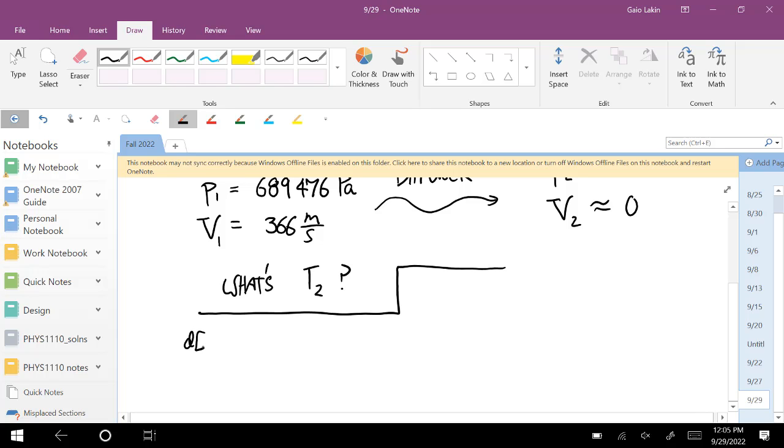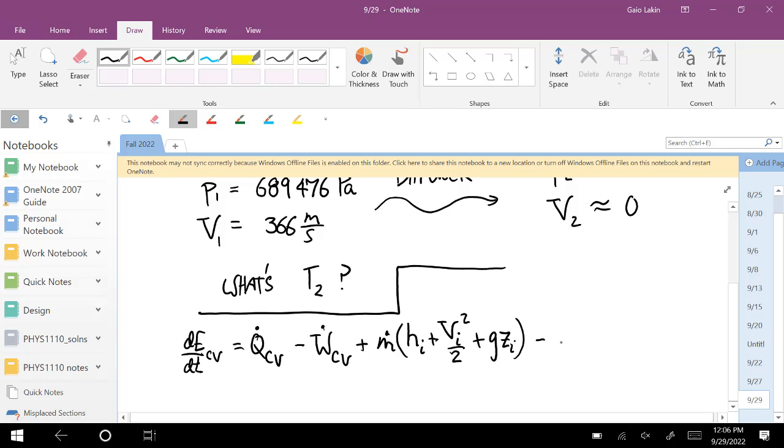So dE/dt is equal to Q dot minus W dot plus, it's steady state, so I'm just going to write the m's as m dots, m dot times the quantity hi plus Vi squared over 2 plus g zi, and then minus what's happening at the exit, m dot times the quantity he plus Ve squared over 2 plus g ze.